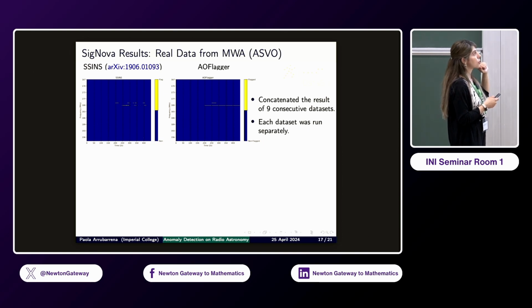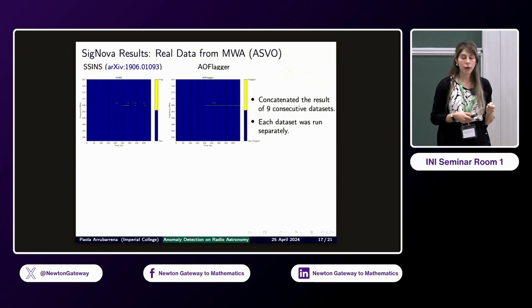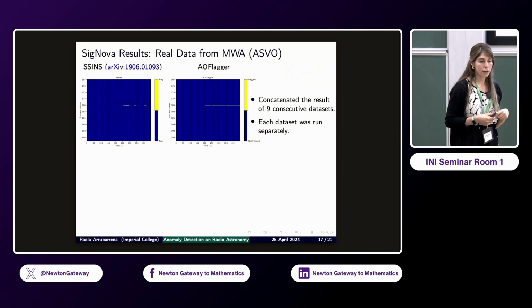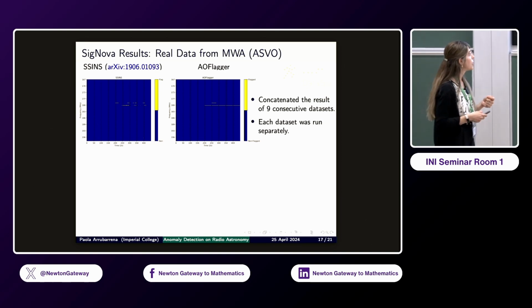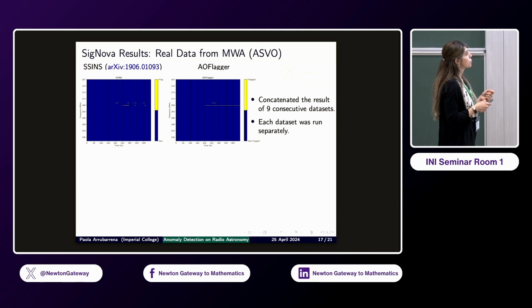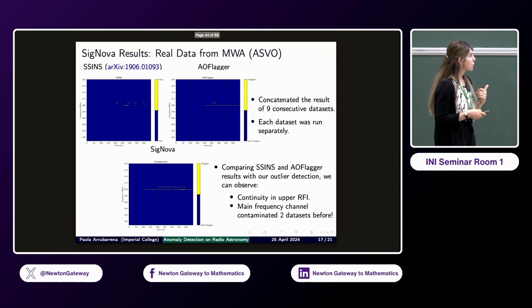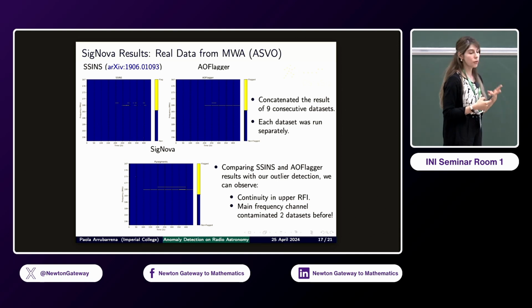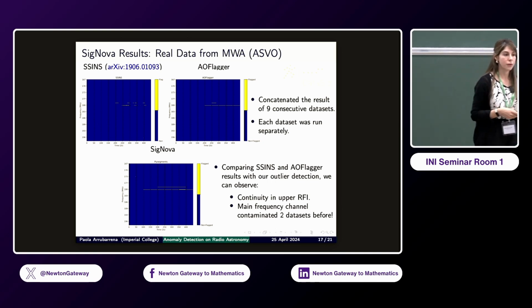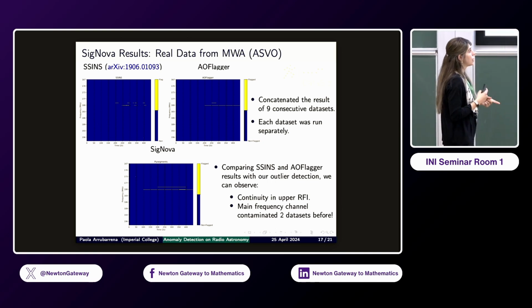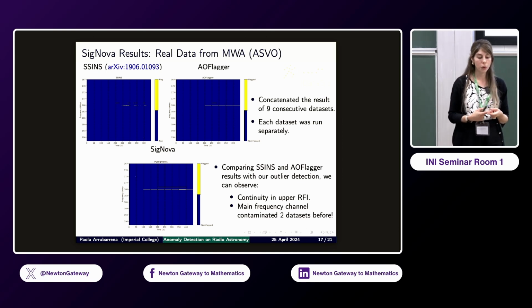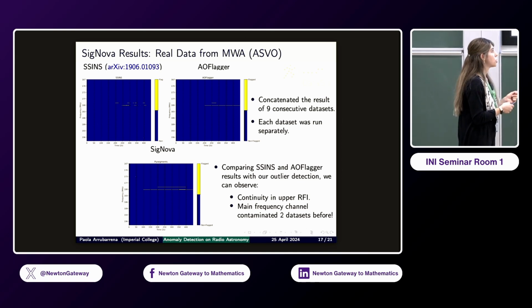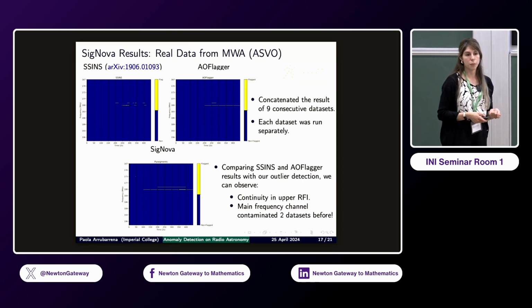We also checked on AOFlagger because it's another widely used framework by astronomers to try to find this RFI. And we could see that these 2 frequency channels appear, maybe in AOFlagger a little bit less here, but okay. We ran it again with Signova, and these results were very nice to see because first we could see the same RFI they were reporting. So this was reassuring. The second thing that we saw, as Bojan pointed out, is that we could see continuity in the RFI, and that's what we would expect.